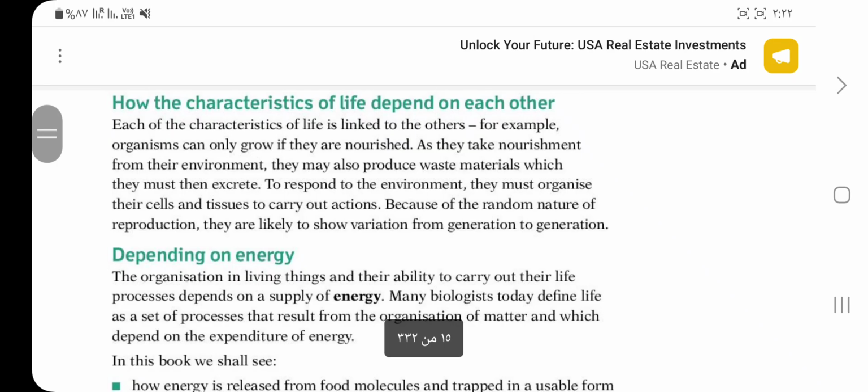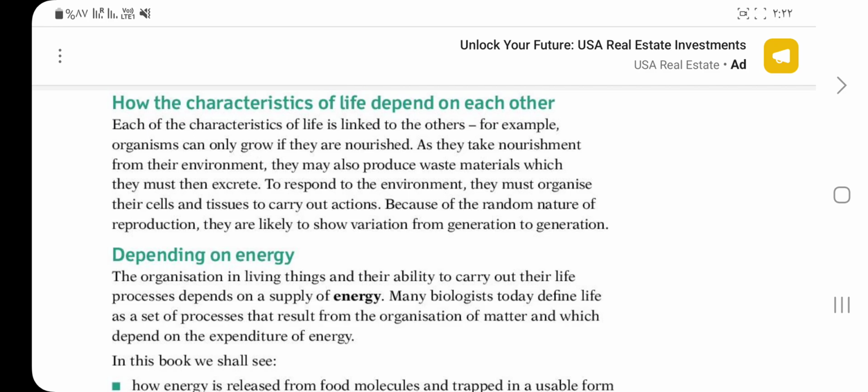Again, the characteristics of life depend on each other, and we will show it by example. For example, any living organism can only grow if it is nourished, and these living organisms take nourishment from their environment. They may also produce waste materials which must then be excreted.